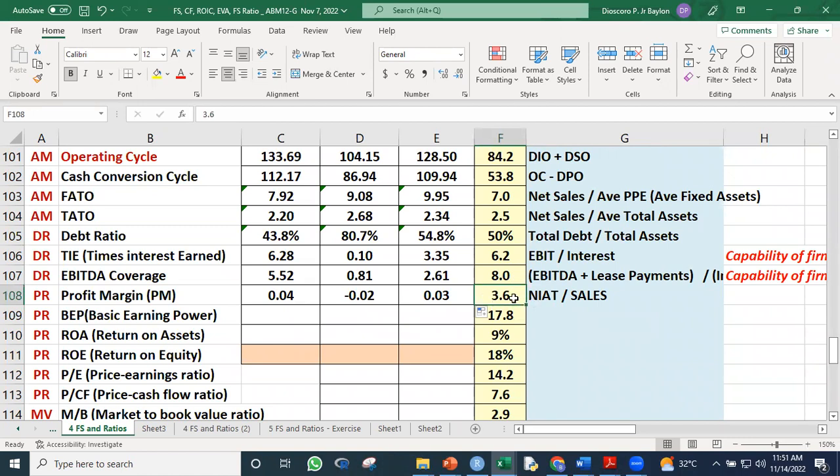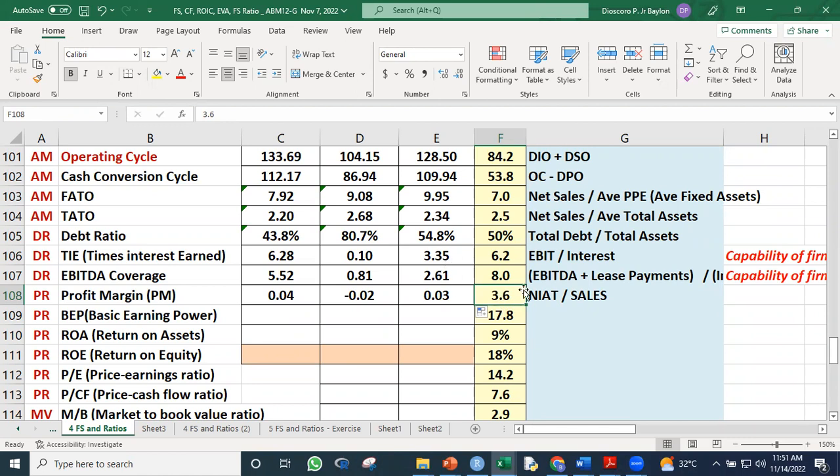Sila 3.6 yung profit margin nila. Ano ibig sabihin nito? Okay, this means that for every, parang may mali ito.